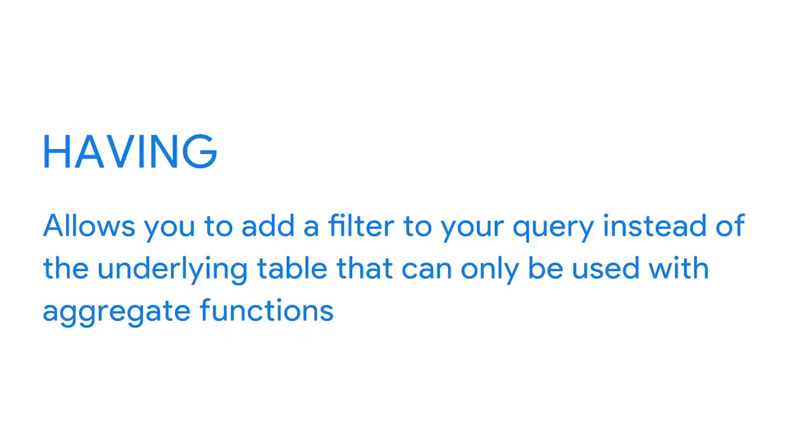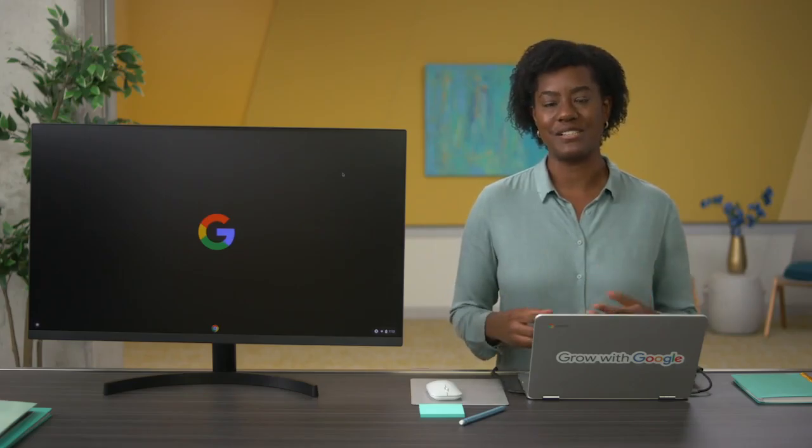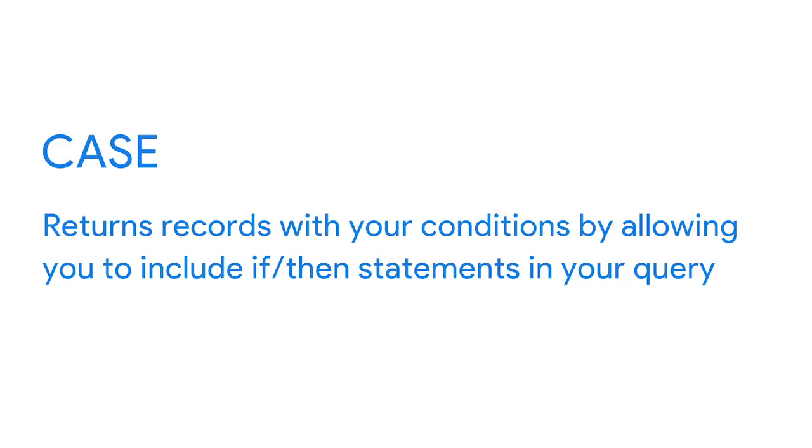This is where having comes in. Having basically allows you to add a filter to your query instead of the underlying table when you're working with aggregate functions. That way, it only returns records that meet your specific conditions. Similarly, case returns records with your conditions by allowing you to include if/then statements in your query.